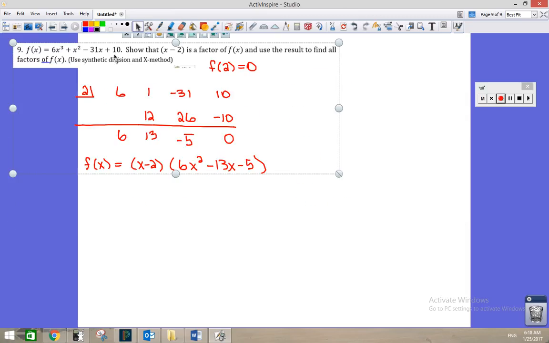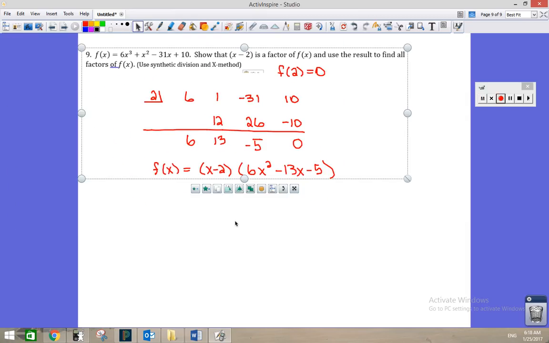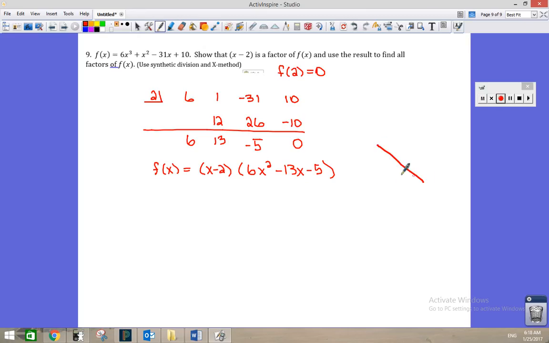And our technique for factoring quadratics that have a leading coefficient different than 1 is to use this x method. We've got negative 13x, that middle term, first term times the last term. We need two numbers that multiply together, negative 15x and positive 2x, negative times positive is negative, and they add up to negative 13.